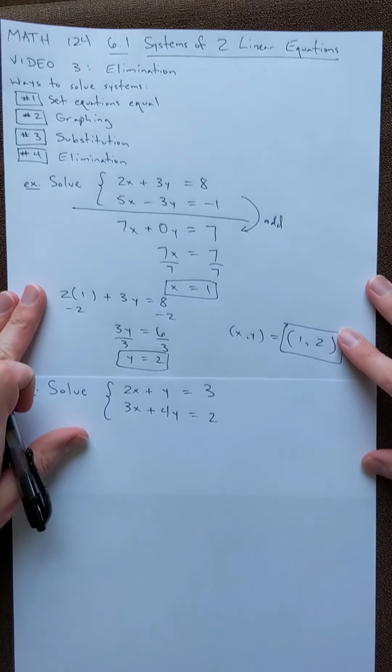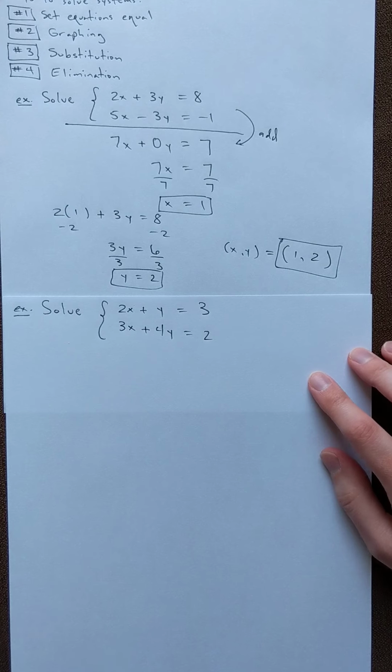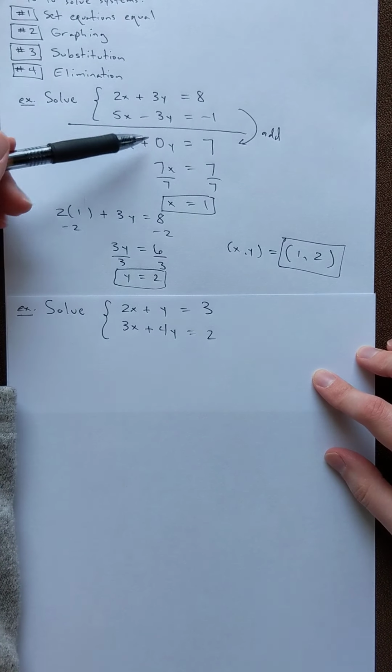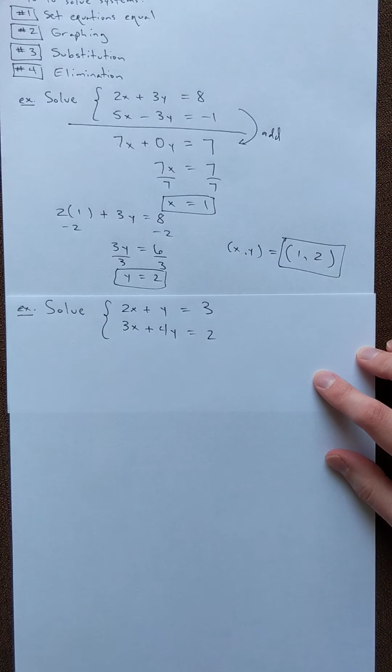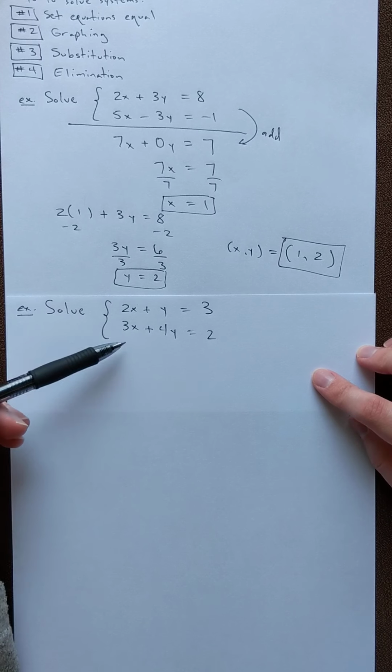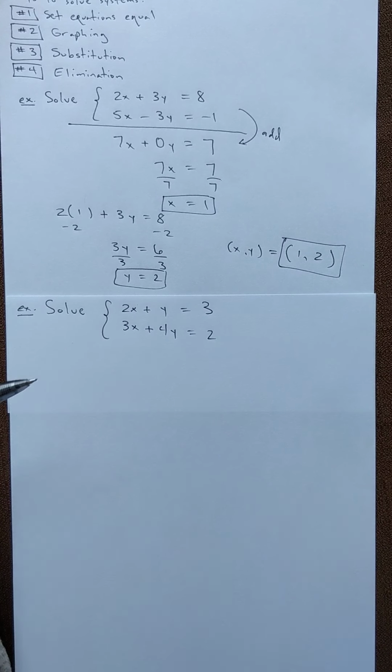Okay, so this is not going to work out quite as nicely as the previous problem. In the previous problem, we had a positive 3y and a negative 3y, add them up, wonderful, they automatically add up to 0. This, if you add up the x's, they're not going to add up to 0. If you add up the y's, also not going to add up to 0. So we need to tweak them a little bit to get that to happen.